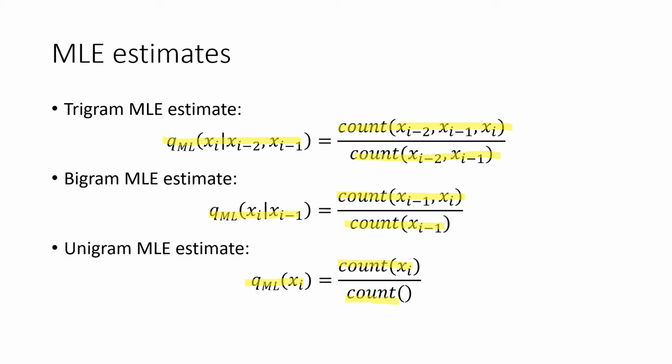However, the unigram estimate completely ignores the context of previous words and hence discards very valuable information. In contrast, the trigram estimate does make use of context, but has the problem of many of its counts being 0. The bigram estimate falls between these two extremes.